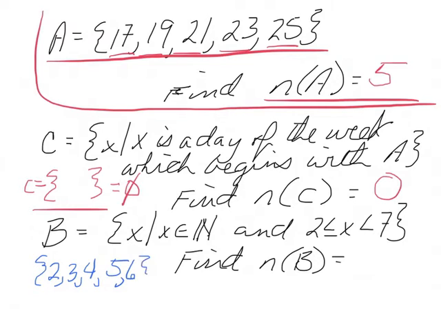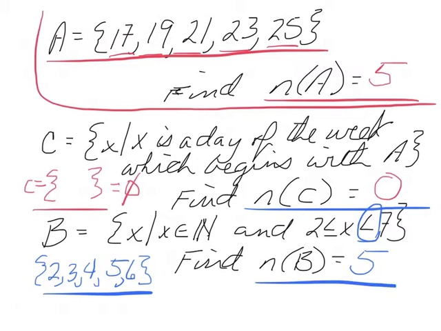It doesn't include 7 because it's strictly less than. And so, once again there are 5 elements, so the cardinal number of set B is 5. Now these are the kinds of things you can do to actually show work. You write the problem, then you answer the question. So make sure you start using correct notation as is used here in each of these cases.